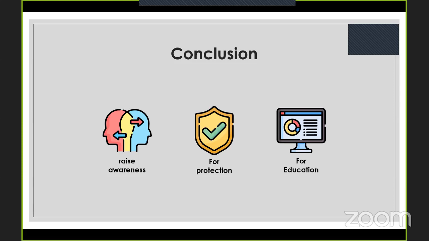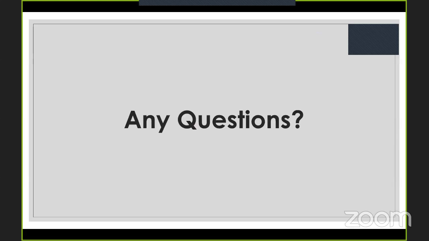You can install the vulnerable web application like mine. There's also another one, OWASP WebGoat. You can use that. There's a lot of information there too, and that's it. So any question?